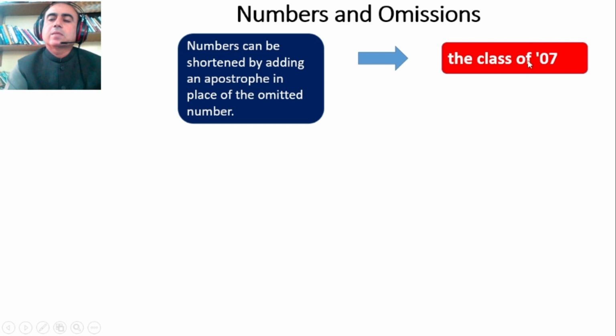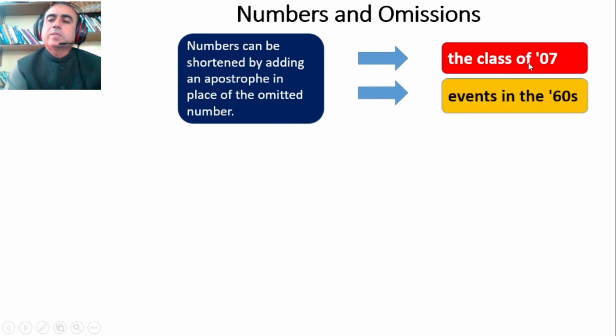Instead of saying the class of 2007, we say just class of '07. The 20 has been omitted from 2007. Events in the '60s now means the 1960s. We remove 19, just put an apostrophe, and you say '60s.